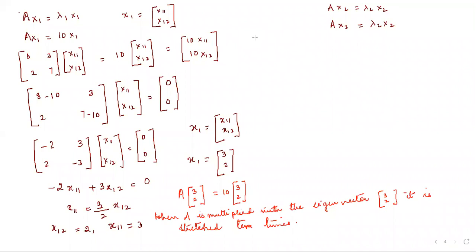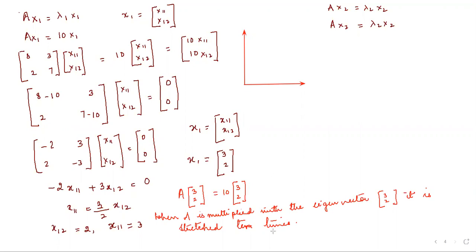So this is it. We have the axes here, and we are taking a vector, 3, 2.